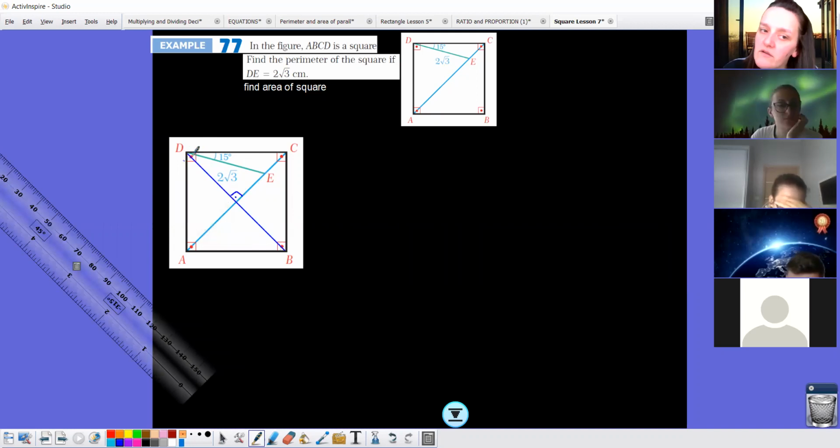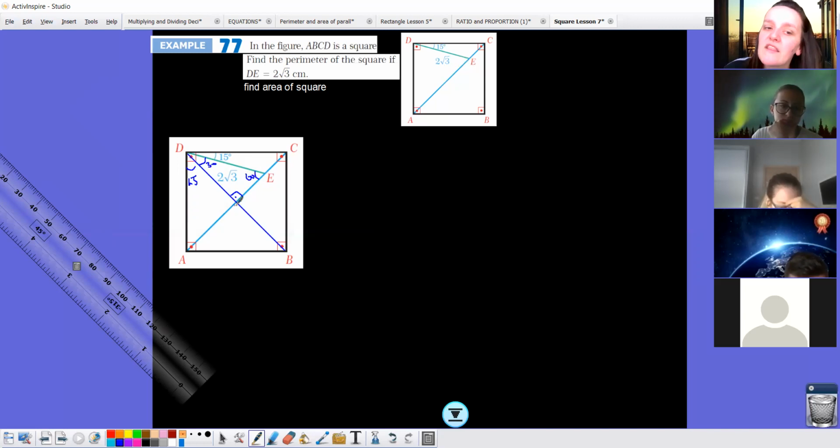And we said that the diagonals bisect the angles. So this part is 45, 45. If this small piece is 15, this part will be 30, and we have a base here. If this one is 90 and this one is 30, this is 60.